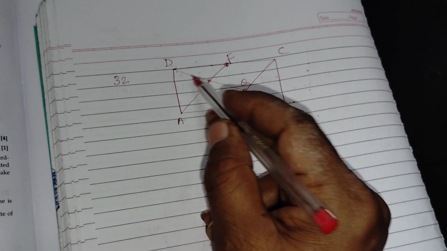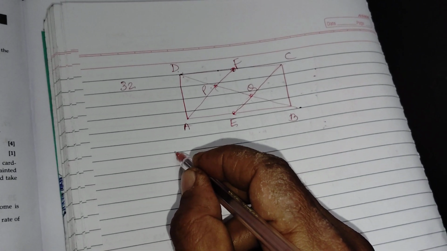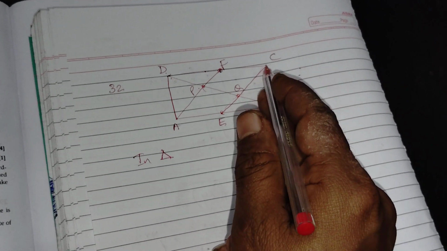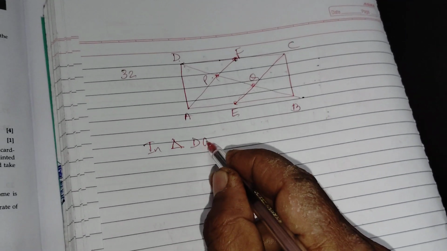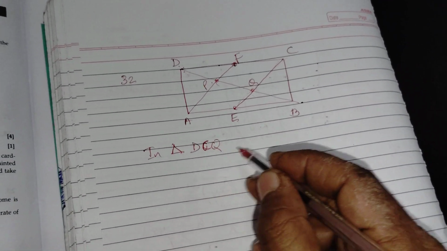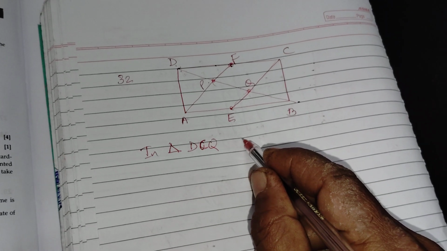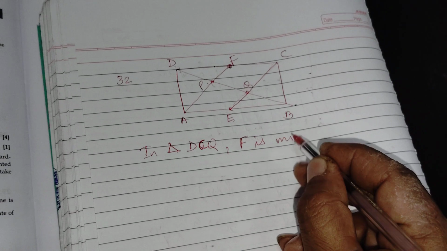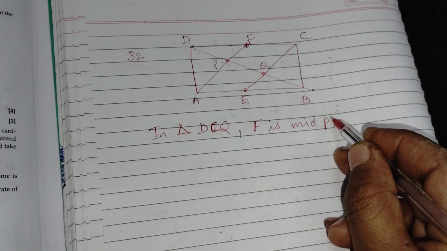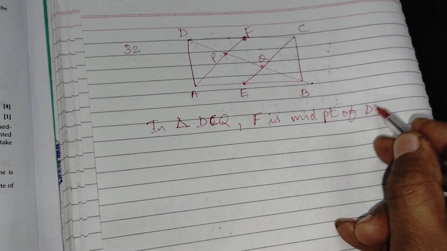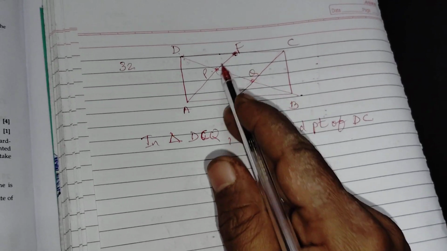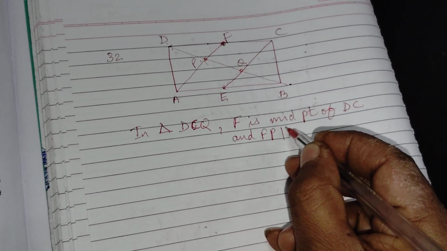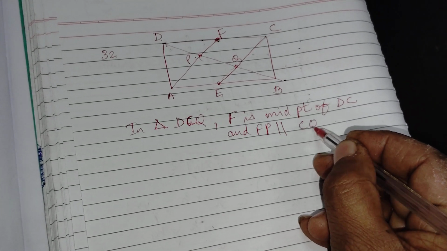So in triangle DCQ, F is the midpoint of DC and FP is parallel to CQ.